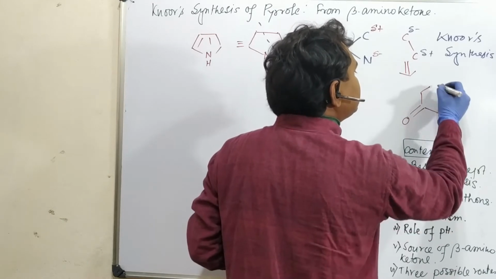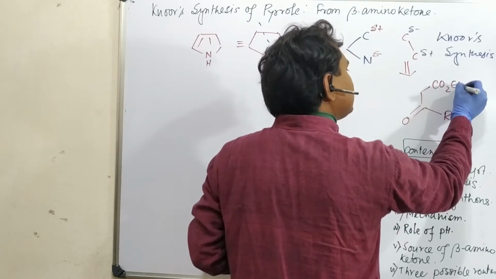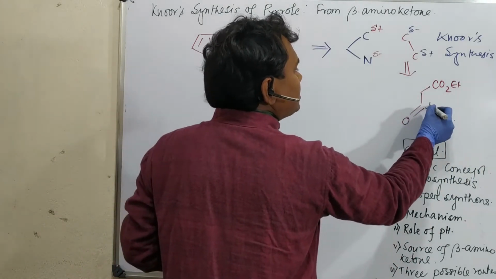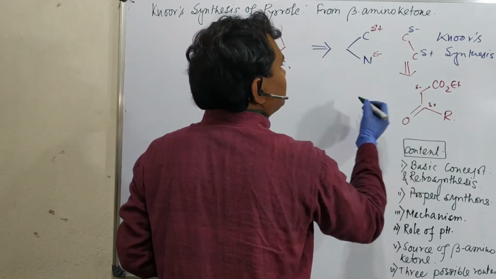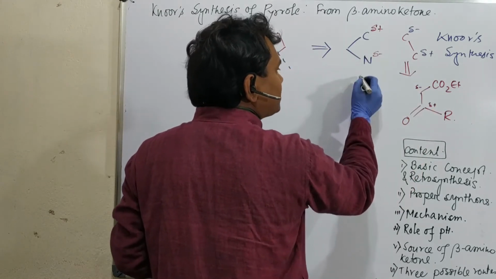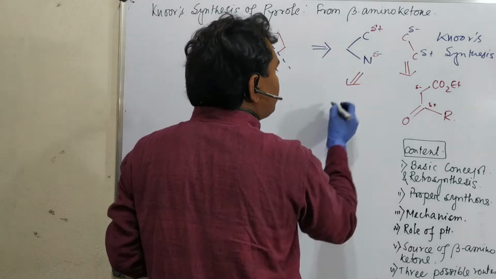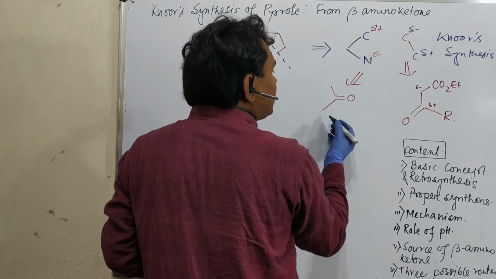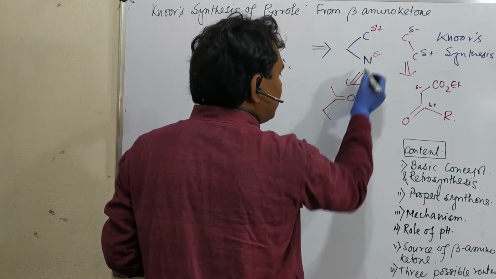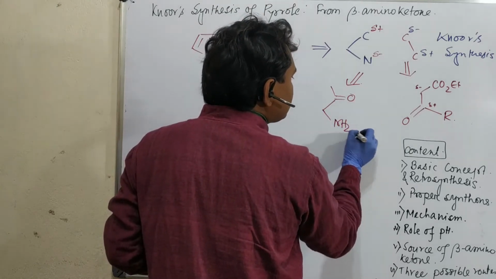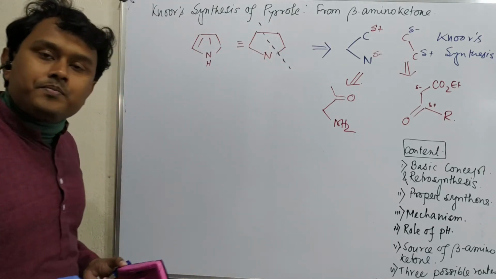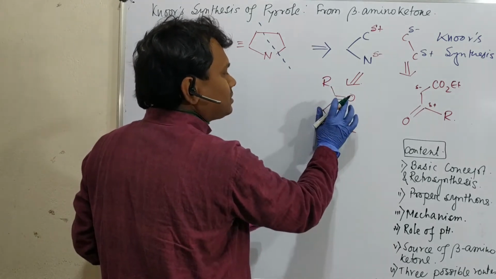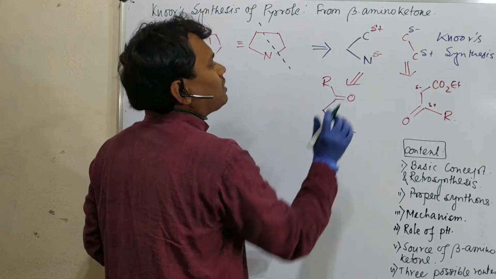Let's take R here, CO2Et. So this is delta plus, this is delta minus, this carbon. Now what is the proper synthon for this? The proper synthon is, this is delta plus, so you can take carbonyl. This is amine. Okay, so these we can take. If you want, in this position you can take carboxyl, etc. Fine, but this is our main focus.